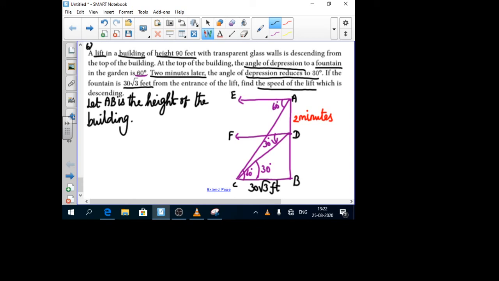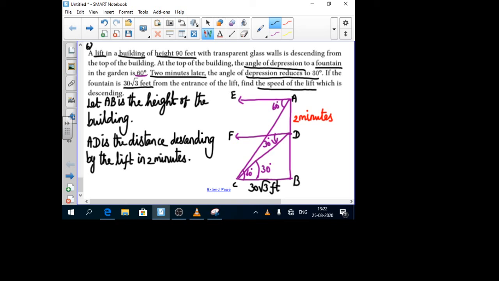AD is the distance descending by the lift in 2 minutes. We won't write the word traveled, here we write descending by the lift in 2 minutes. That distance only we want to calculate.